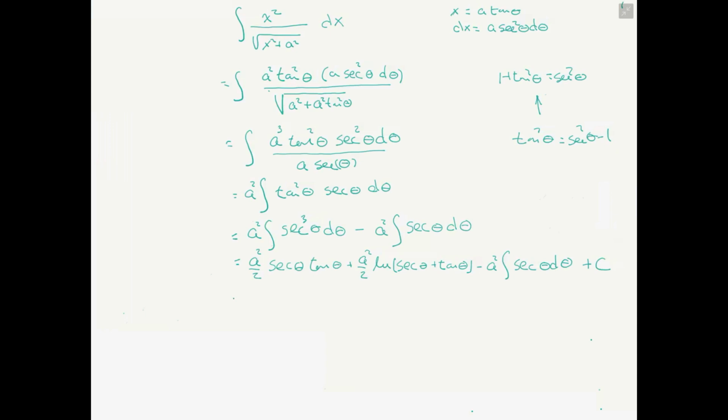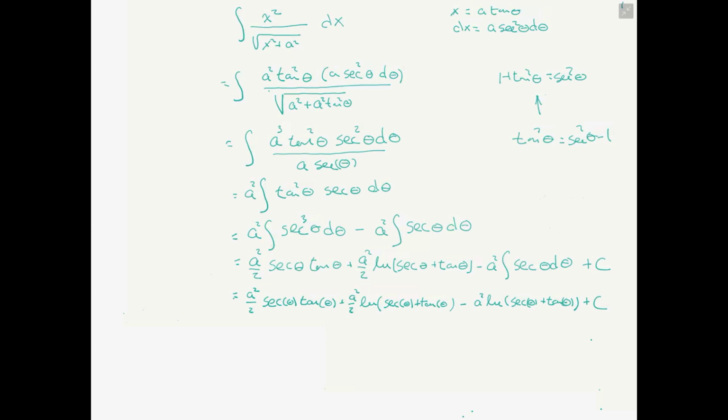Okay. Now, we end up with this bear of a solution: a squared over 2 secant theta tangent theta plus a squared over 2 ln of secant theta plus tangent theta minus, now this is going to be a squared natural log of secant theta plus tangent theta, plus c.